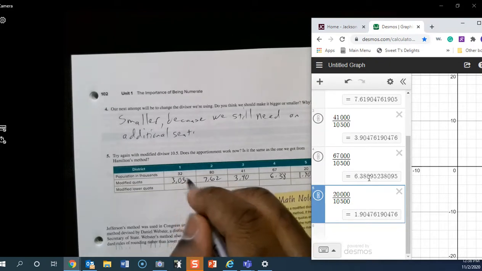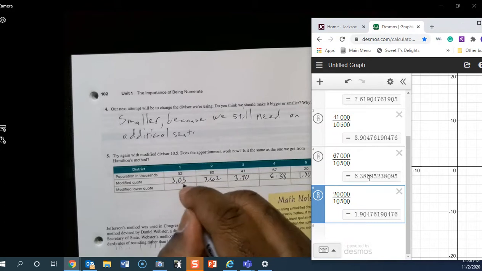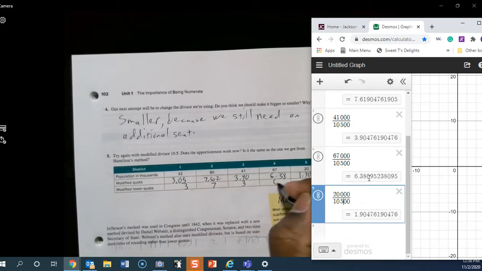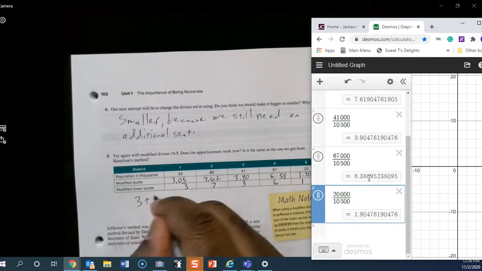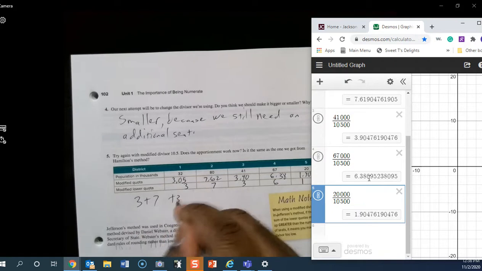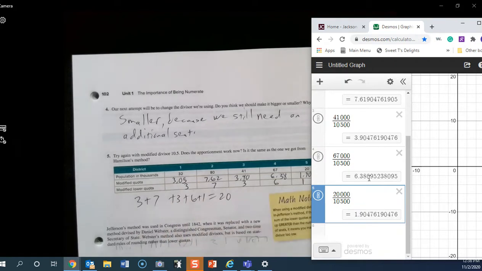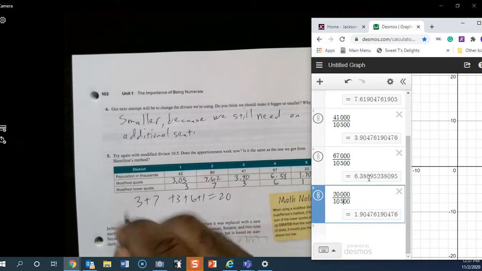Now, we would do the modified lower quota. This would be 3, 7, 3, 6, and 1. Now, when we add these up, 3 plus 7 plus 3 plus 6 plus 1, it does give us 20. And then it says, okay, does this apportionment work?